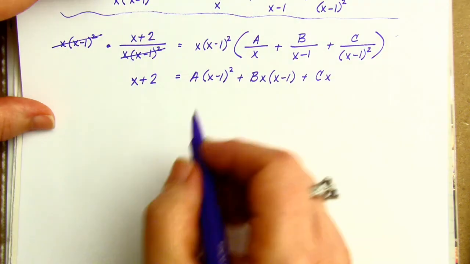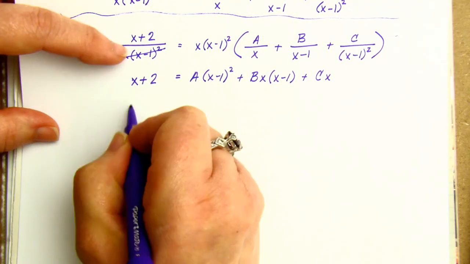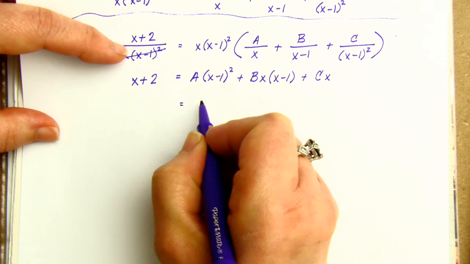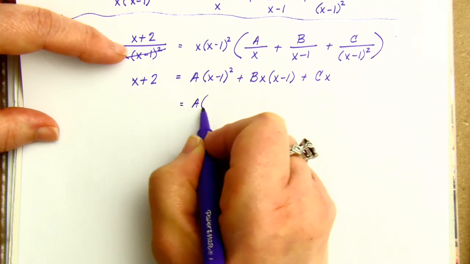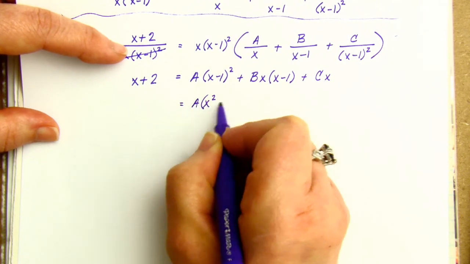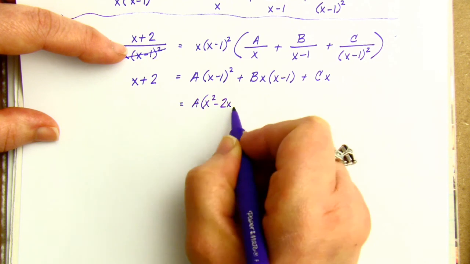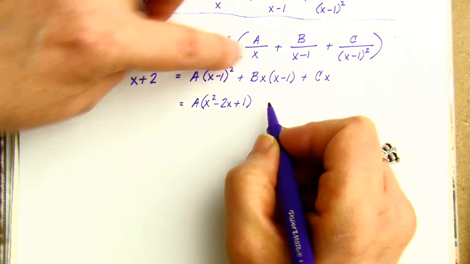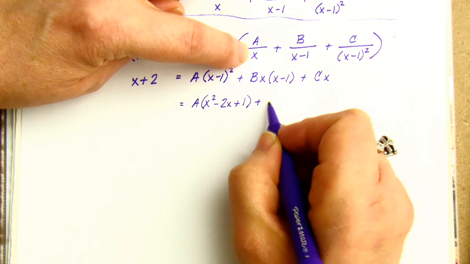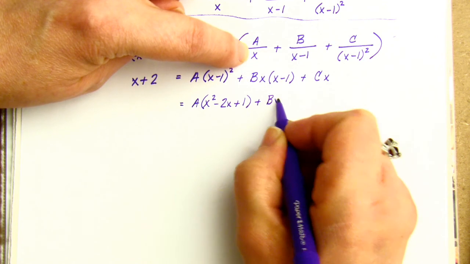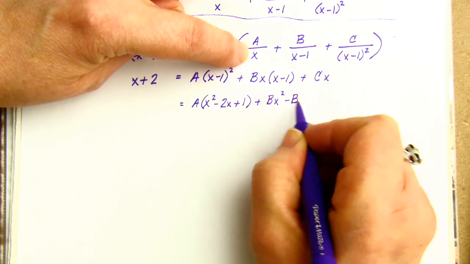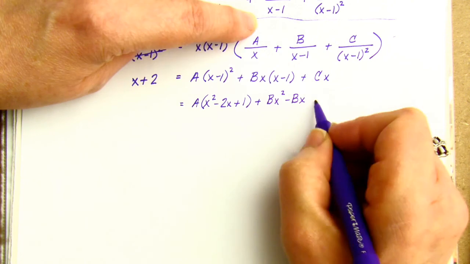We have to multiply this out. I have to first start with squaring the binomial: x squared minus 2x plus 1, bx squared minus bx, plus cx.